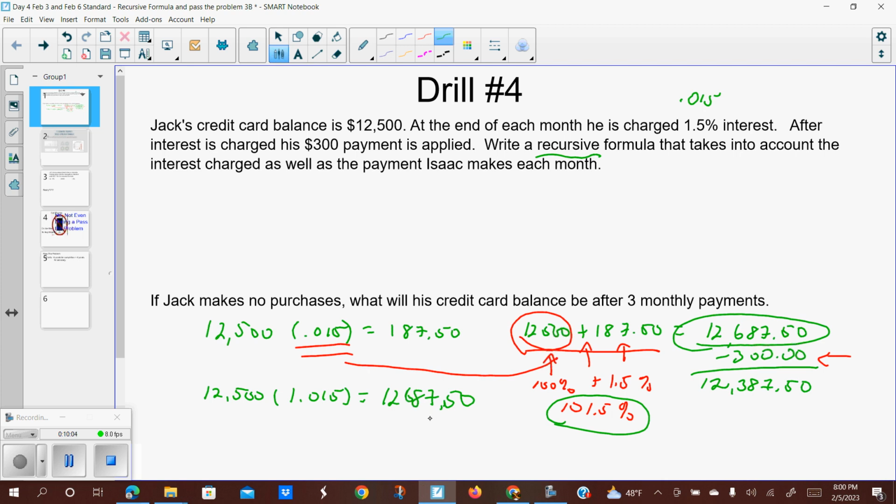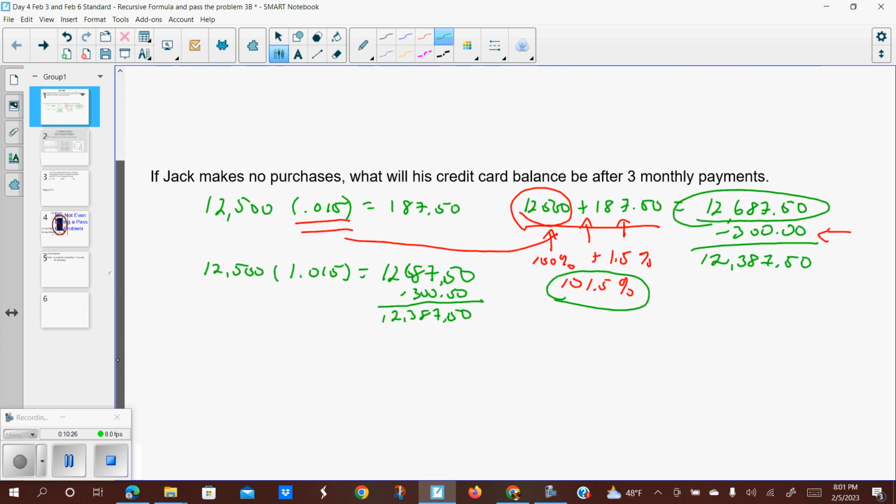So we're going to then minus $300, and we're going to get $12,387.50. So basically all we've done there is we've cut out one of the steps, which is nice. So now that's after the first month.